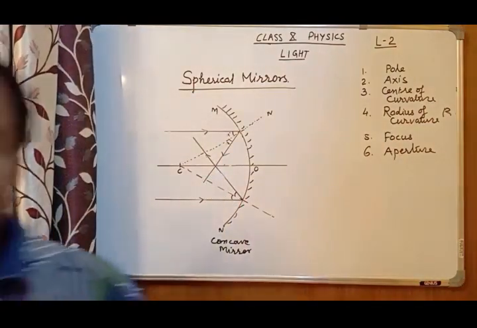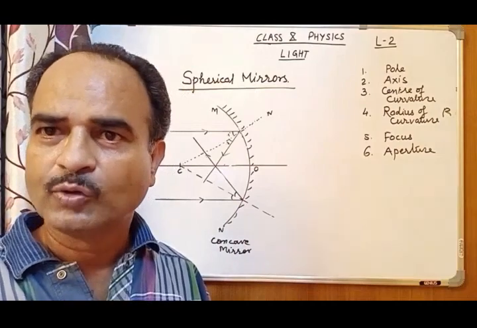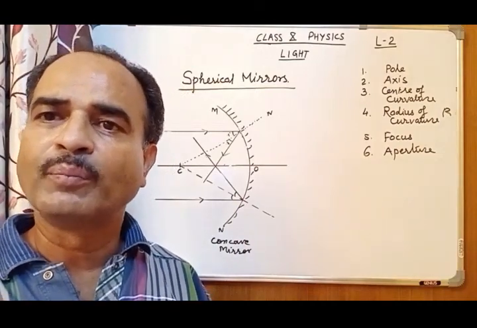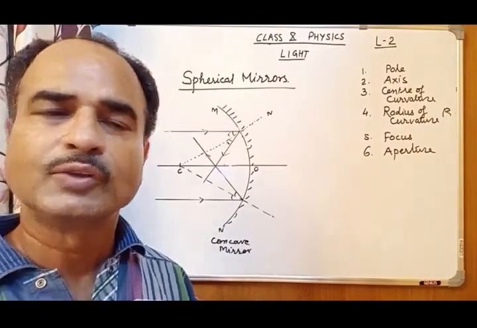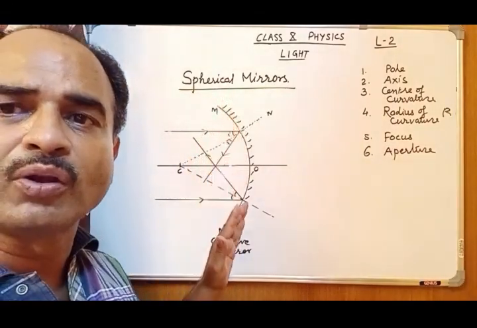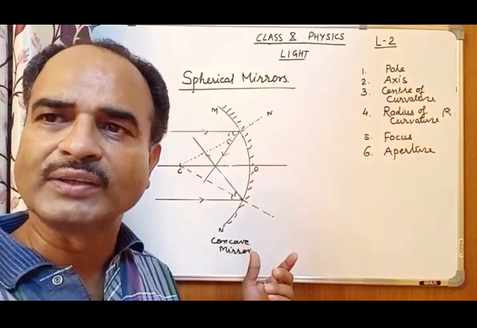The point at which these rays coming parallel to the principal axis meet after reflection is known as the focus point. So many rays coming parallel will fall on this particular point, which is known as focus F.